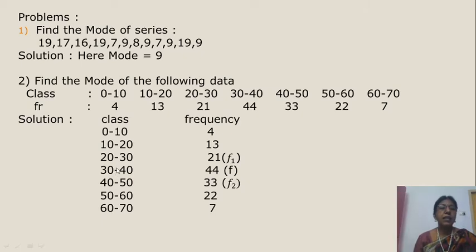What is the middle one? The fourth one is the middle, so you select 30-40 as the modal class. What is f? For this data, the fourth one, f is 44, the frequency of the modal class. Its preceding frequency is 21, take it as f1.